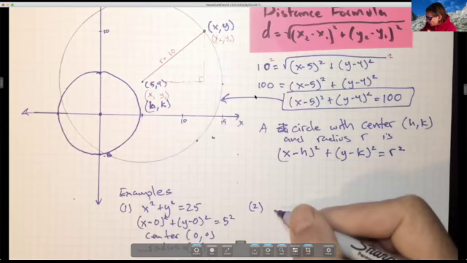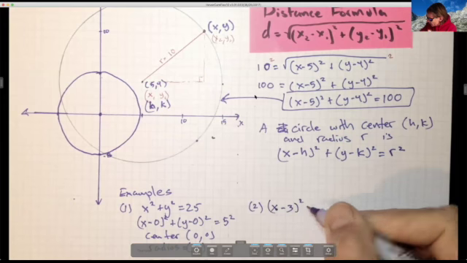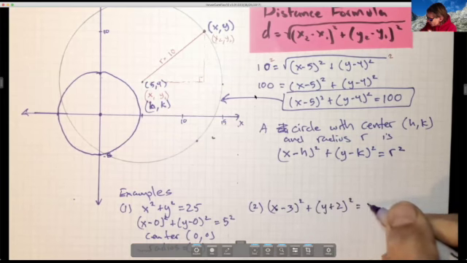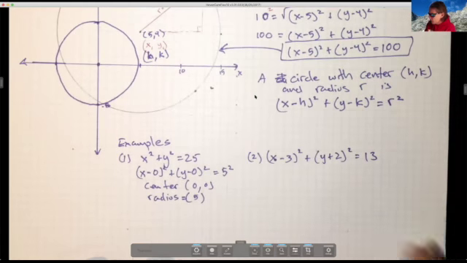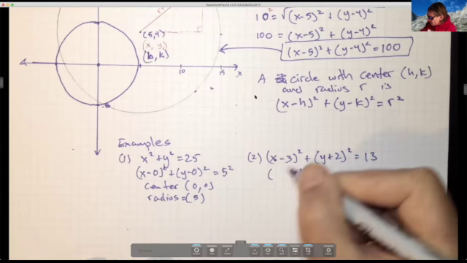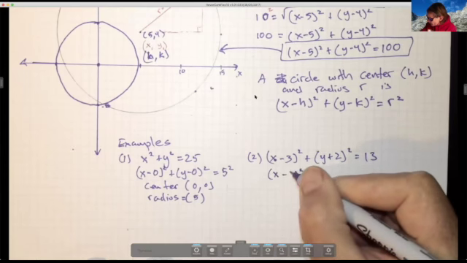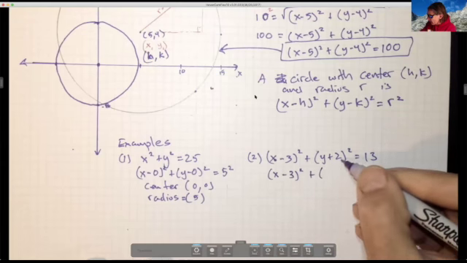Now, in number 2, I have x minus 3 squared plus y plus 2 squared equals 13. So how would I find the center and radius of this circle? Well, first, let's put it in standard form. So this needs to be x minus h, which is in that form. This one needs to be y minus k, but that's a plus.